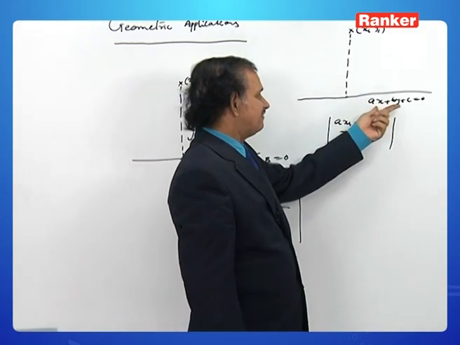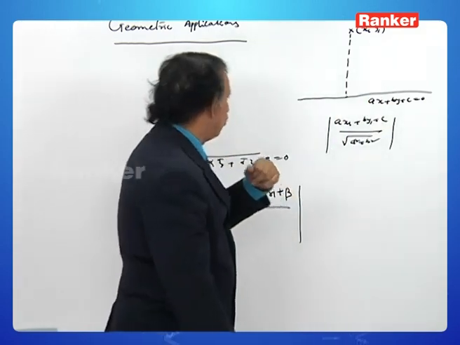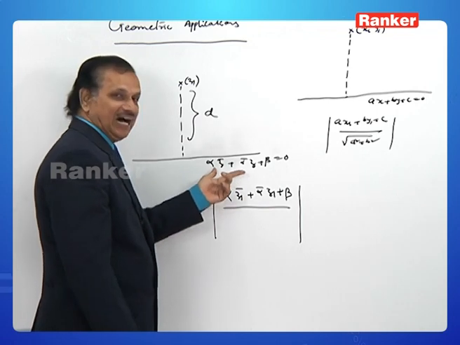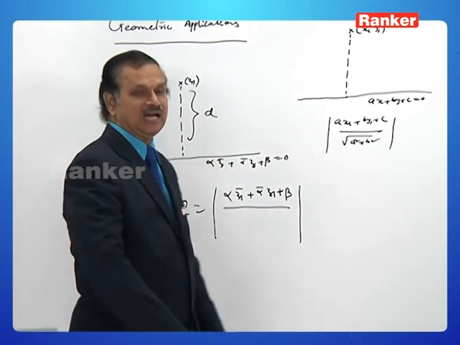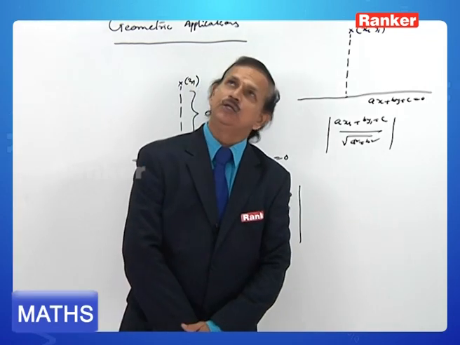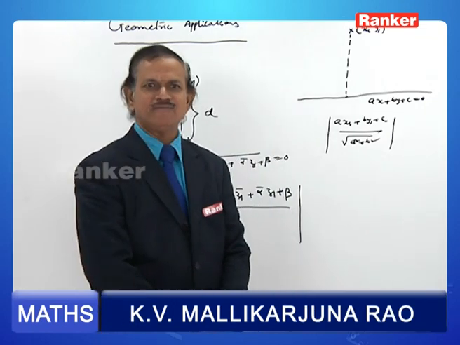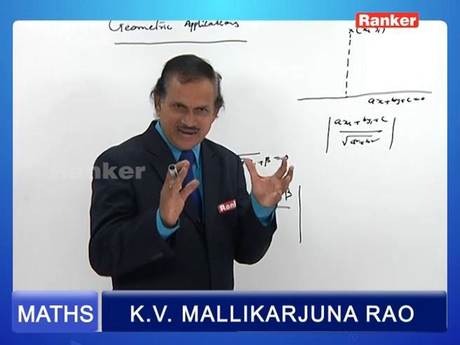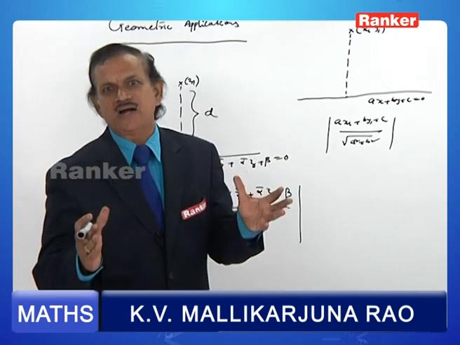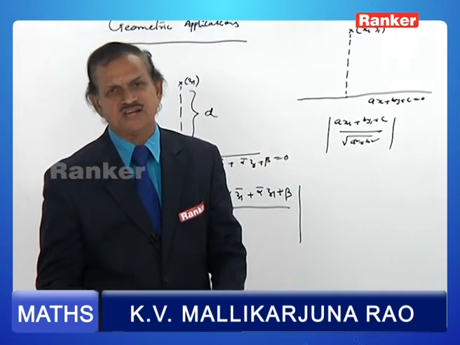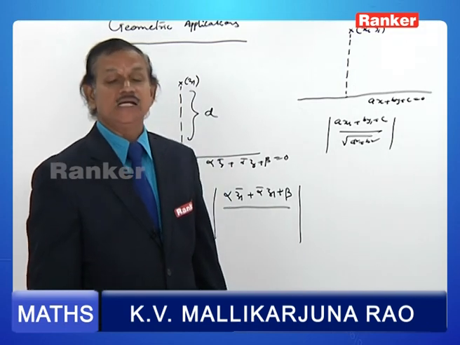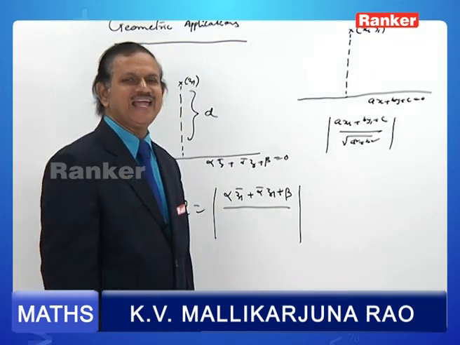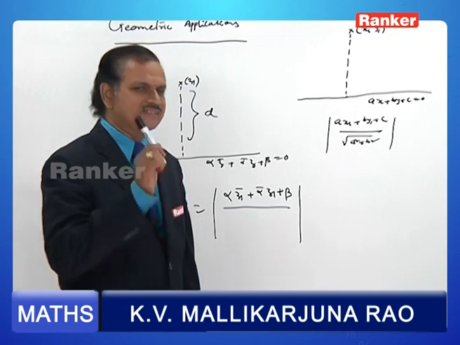In the place of ax + by, what do you have here? α z̄ + ᾱ z. You remember, we have noticed, we have put that particular quantity in our mind. α z̄ + ᾱ z is nothing but 2ax + 2by, isn't it?